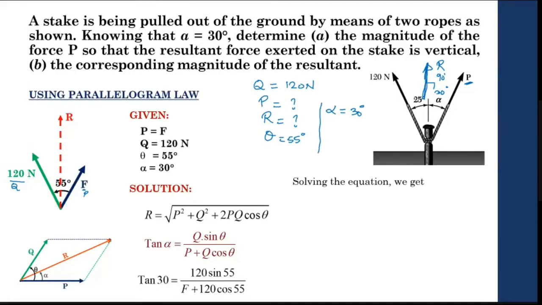I apply tan 30 is equal to 120 sin 55 divided by F plus 120 cos 55. When I cross multiply and solve it, I will get the value of F, which is P. Any doubt in this?